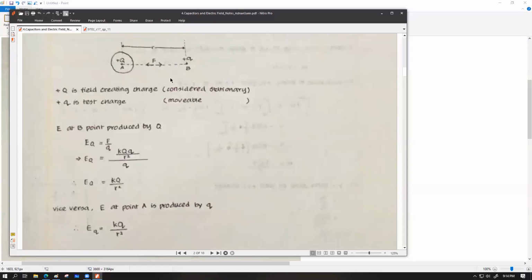So if you consider the electric field produced by Q, this charge located over here, that can be given by F by q, because the definition of electric field strength is force experienced by unit charge. So if you consider this is our field creating charge, the force that this charge exerts onto this one is F at this position.